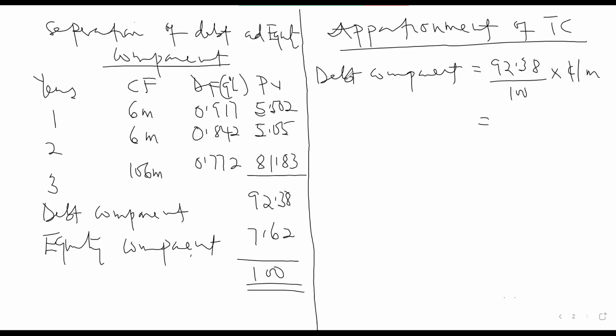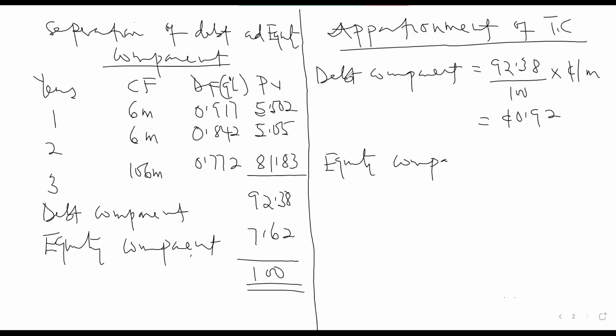How much are we getting? 0.92. What's the meaning of the TC? Transaction cost. Okay, let's come to the equity component.